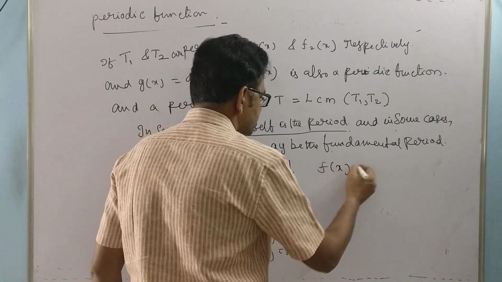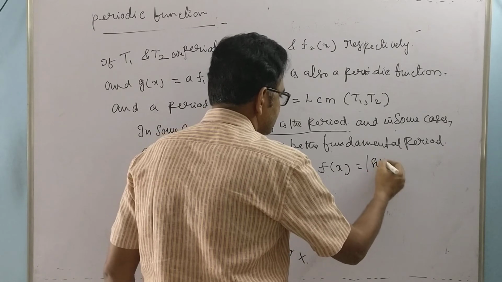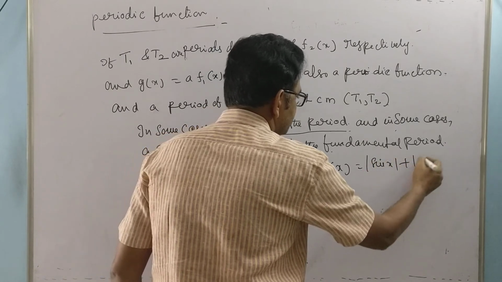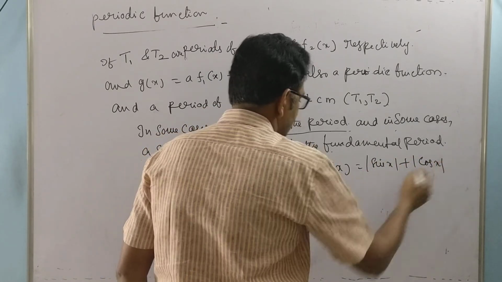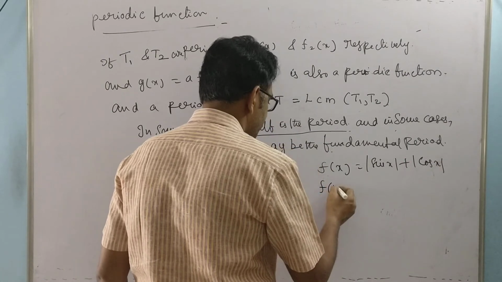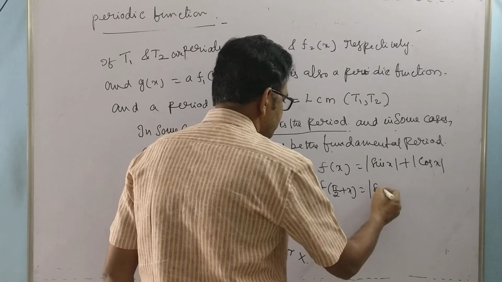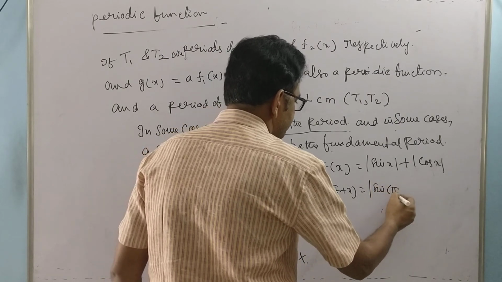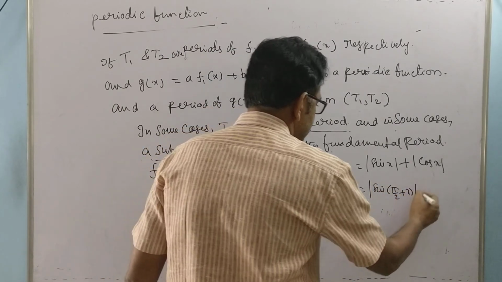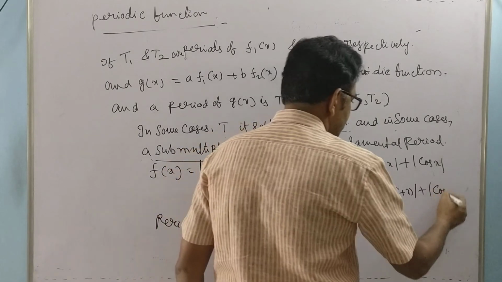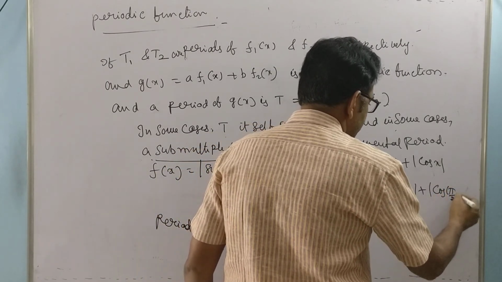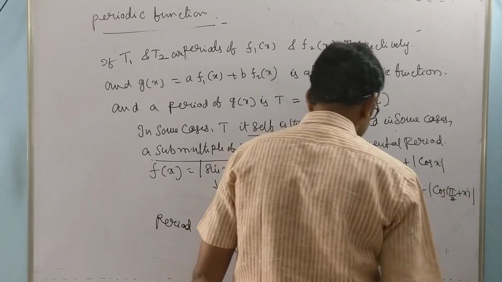f of x is equal to mod of sin x plus mod of cos x. Now I am taking f of pi by 2 plus x equal to mod of sin of pi by 2 plus x plus mod of cos of pi by 2 plus x.